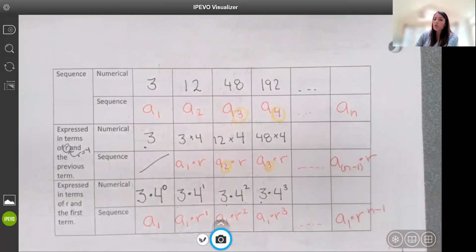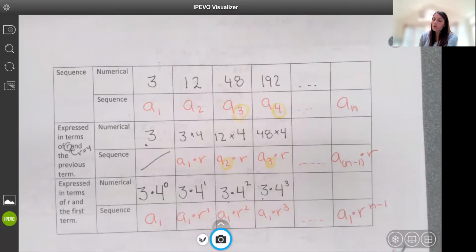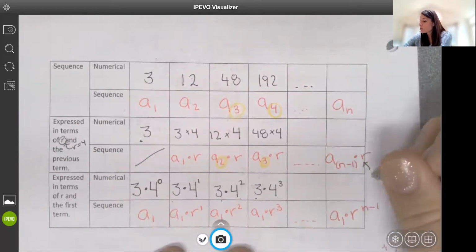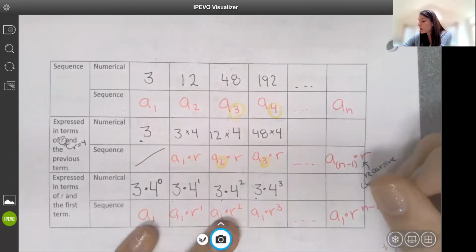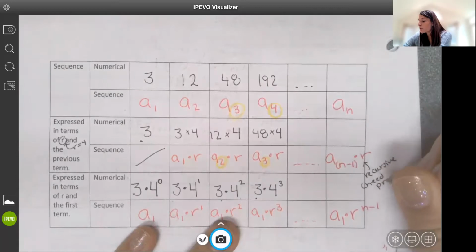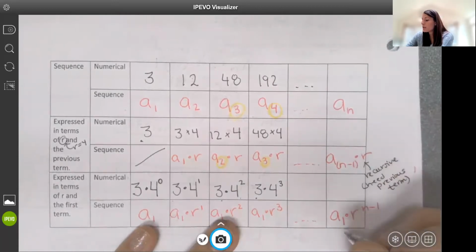Okay. So we have 2 formulas that we look at for geometric sequences. This one is called the recursive formula. I need the term before it, the previous term. This is called the explicit formula.